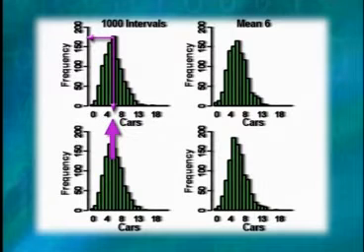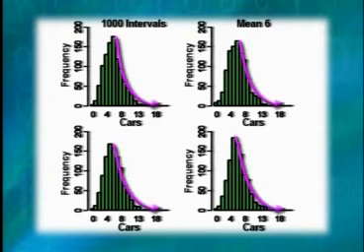Now, these distributions are a little bit different from the shape of the distributions, for example, of heights of adult men. It may be a little bit difficult to detect the difference, but these are skewed to the right. There are values that come off to the right here.